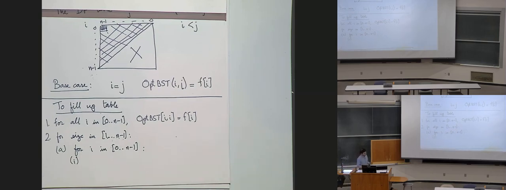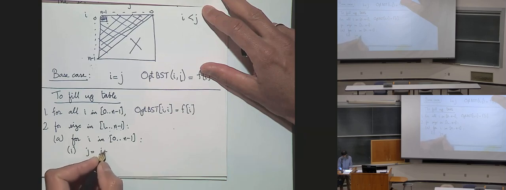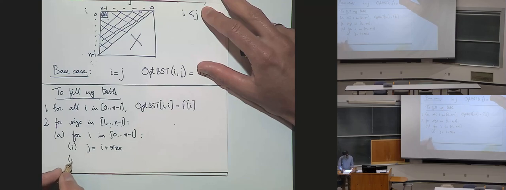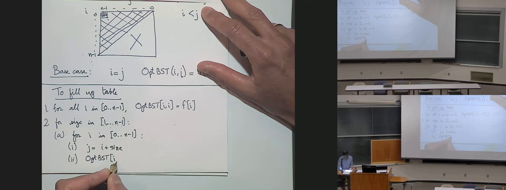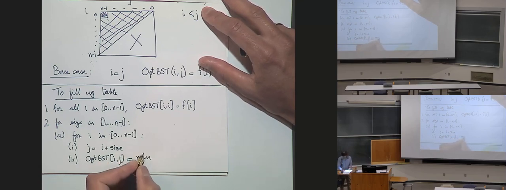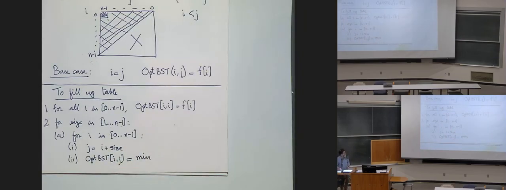Now I can set up the table over here. So I'll set j equal to i plus the size. And then opt BST i j is equal to this min. I'm writing this out in mathematical notation because I'm not adding another for loop there, but this is going to be using a for loop.